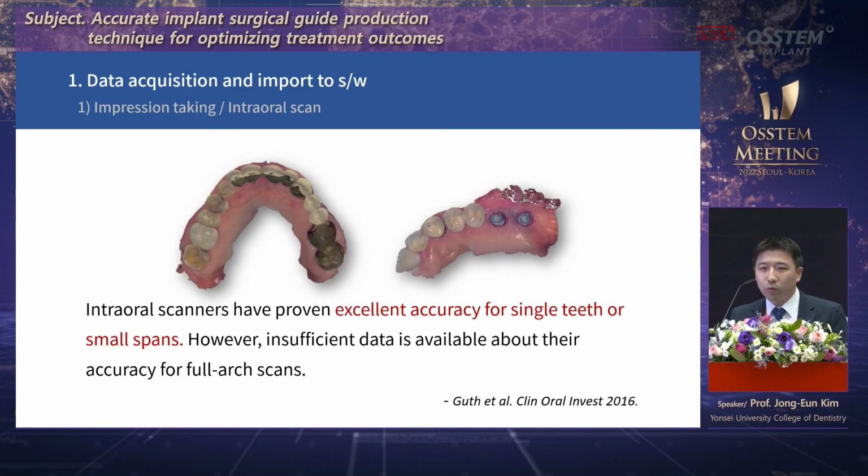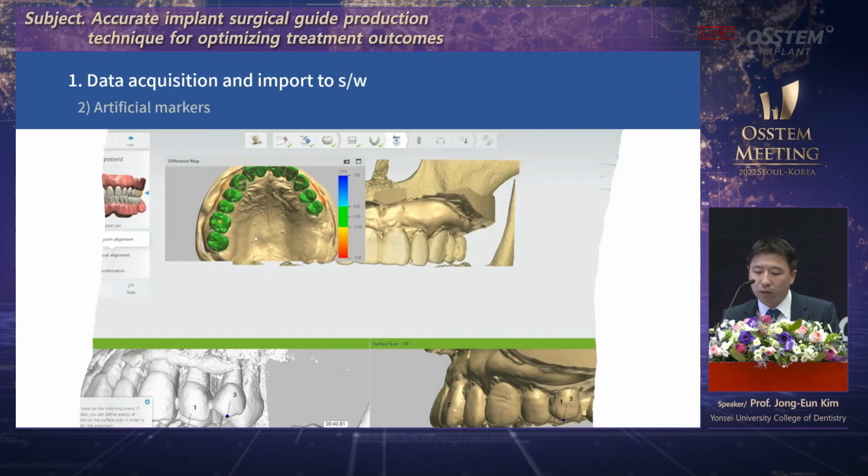In most cases, rather than long span, oral scanners are recommended to use for single teeth or small spans, a single crown, 2 unit, short span crowns. When we make short span prosthesis, intraoral scanners can be used for optimum results.